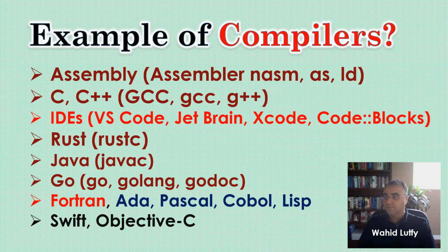So Fortran, Ada, Pascal, COBOL, Lisp, I mentioned here, and you can see Ada, Pascal, COBOL, and Lisp are a bluish color, which means they're not as hot, and they're kind of going away. Especially Ada, which was named after Ada Lovelace, was the first programming language at the defense and military part.